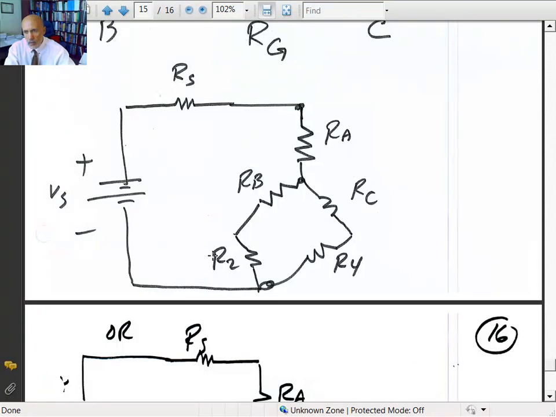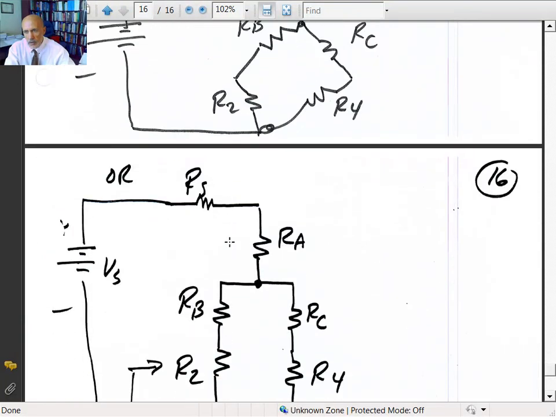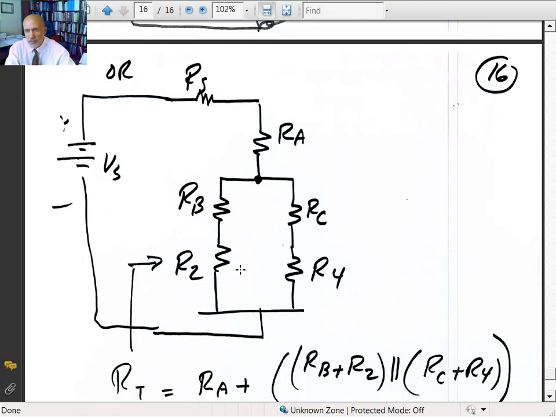And then those will be connected in parallel, so if you plot the circuit, it's going to look like that. These two connected in series, these two connected in series, that's a series-parallel circuit. And then the results of these are connected to R of S and R of A.